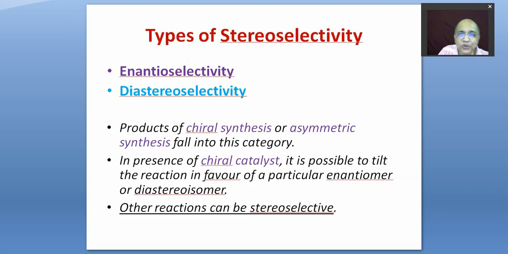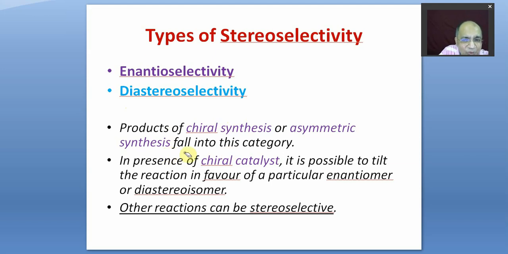I have already told you in the beginning, during my introductory discussion, that stereoselectivity is of two types. If the products are mirror images or enantiomers, then that stereoselectivity is called enantioselectivity. And if the two products are diastereoisomers, then the stereoselectivity is called diastereoselectivity.